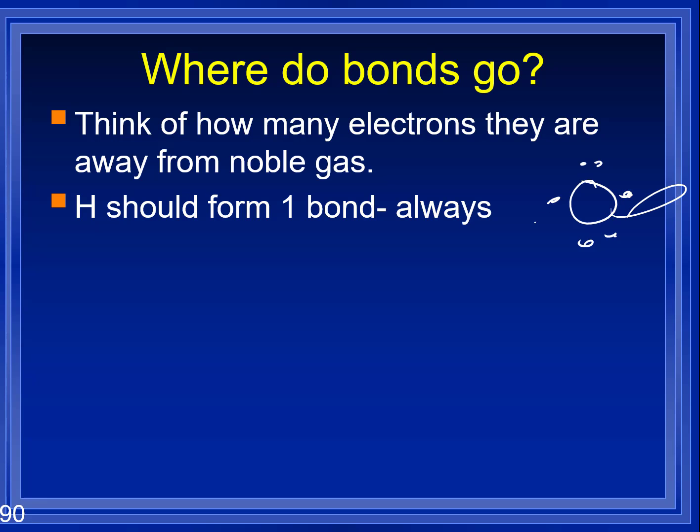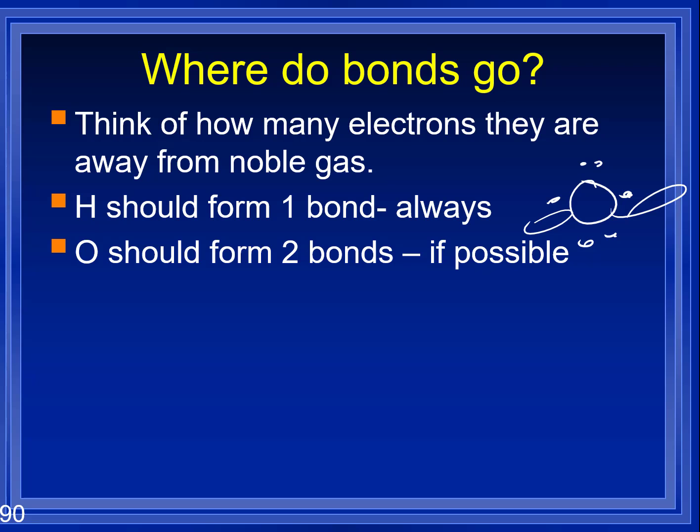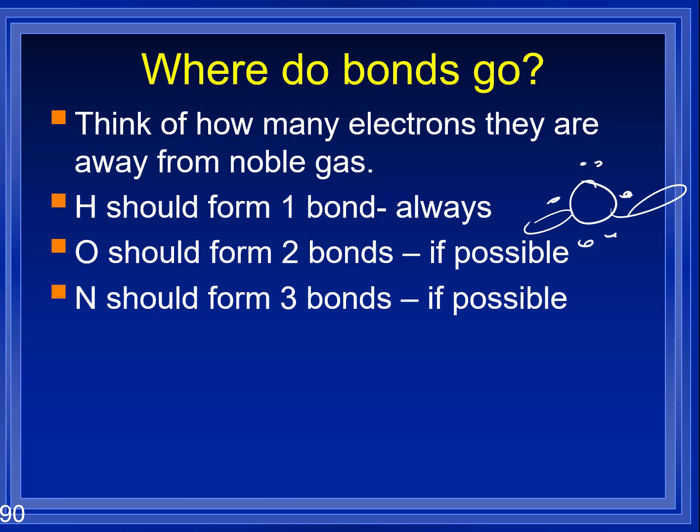It's got those 2 holes that need to be filled, so oxygen should form 2 bonds. If there's a way to make oxygen make 2 bonds, you should try to do that. It may not be possible, but when you can't, that molecule tends to be really unstable. N, 5 dots, should form 3 bonds.